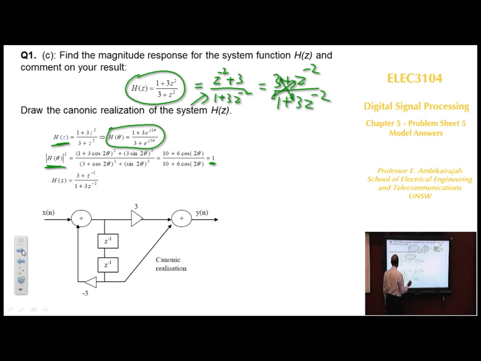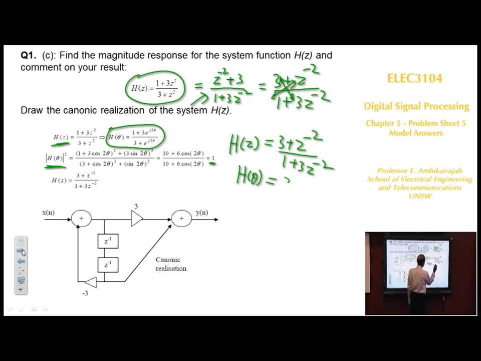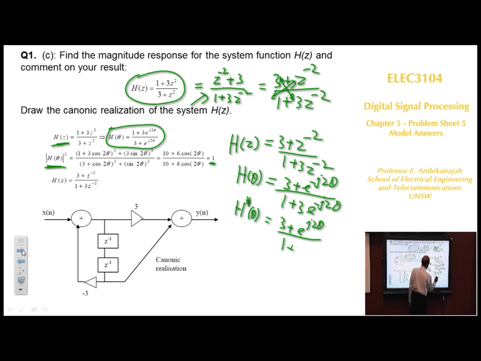Or you do it this way. Remember, H(z) is equal to 3 plus z minus 2 over 1 plus 3 z minus 2. H(theta) is equal to 3 plus e to the minus j2theta divided by 1 plus 3 e to the power minus j2theta. Then say H conjugate of theta is equal to 3 plus e to the j2theta over 1 plus 3 e to the j2theta.